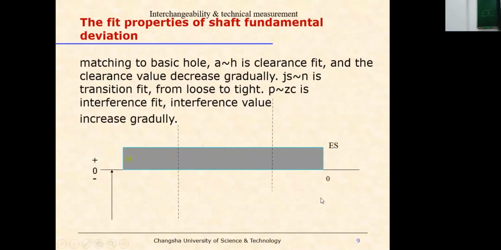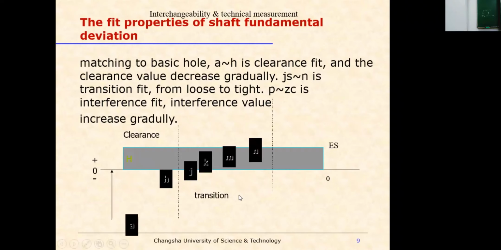A match to the basic hole: A to H is a clearance fit, right? The A to H is clearance fit, and the clearance value decreases gradually. The JS to N is transition fit from loose to tight, right? Because the clearance is decreased, it's from loose to tight.